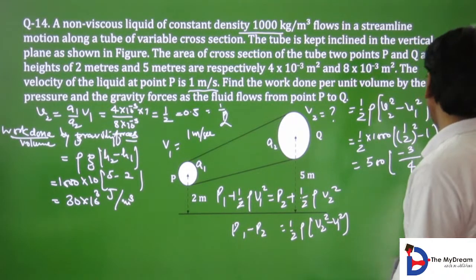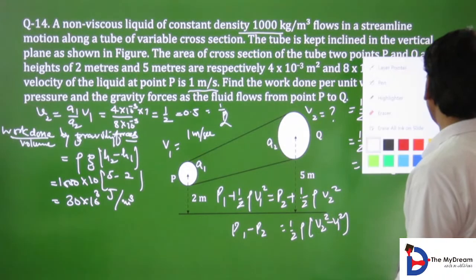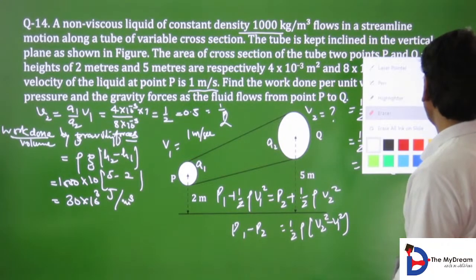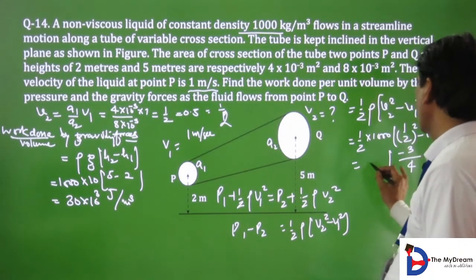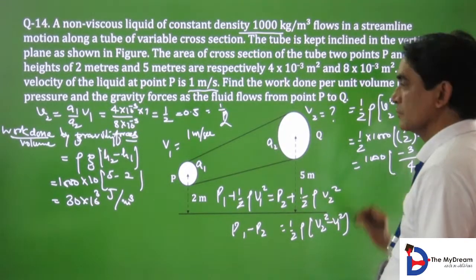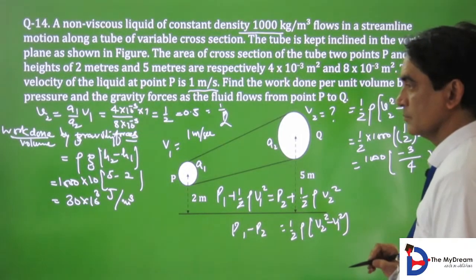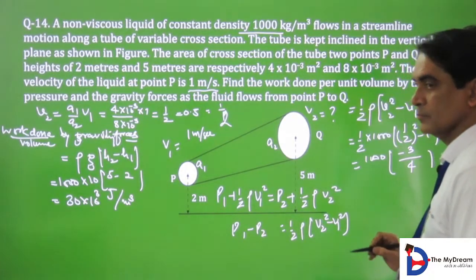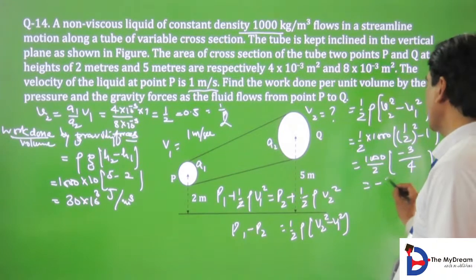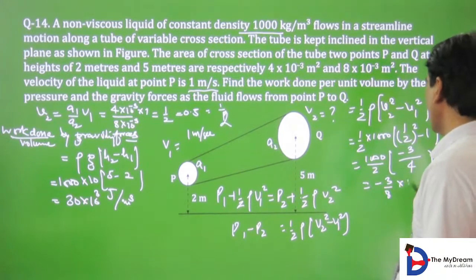Or you can say this is minus 3 by 8, 10 raised to power 3.